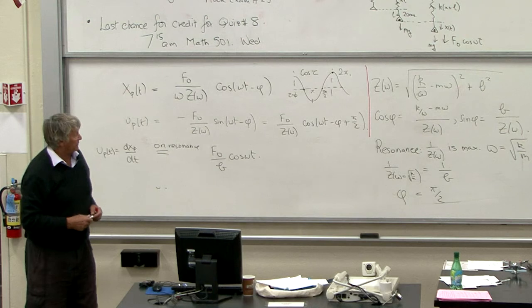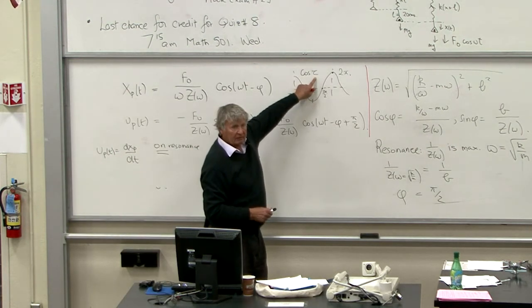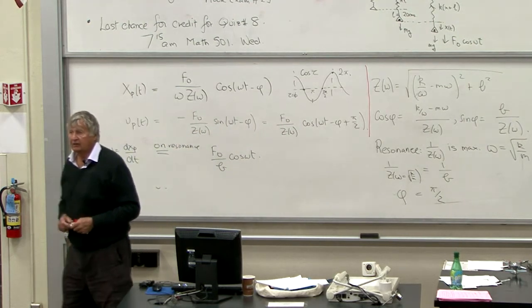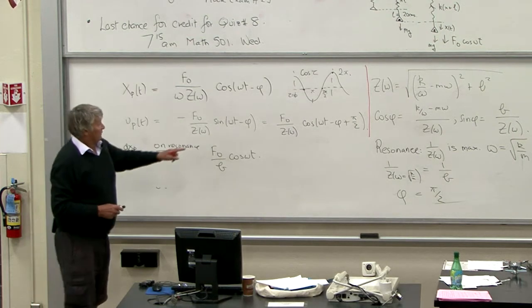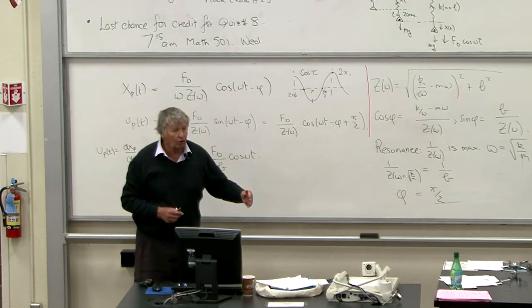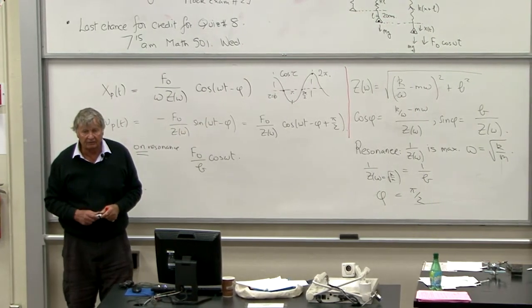So the period of cosine tau is when tau goes through an interval of 2 pi. If you have cos omega t, how much does t have to go forward in order to get back exactly cos omega t?